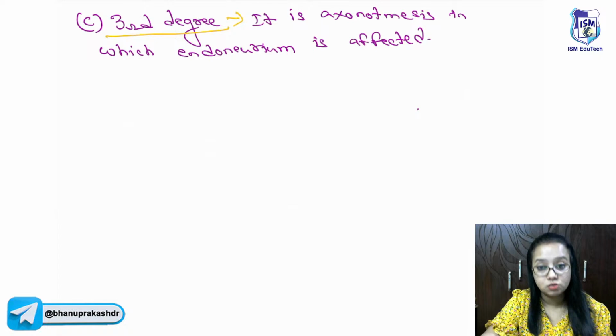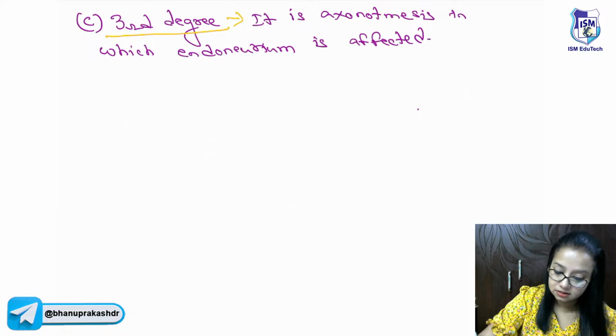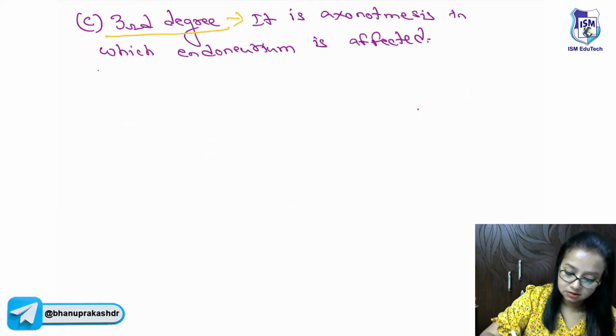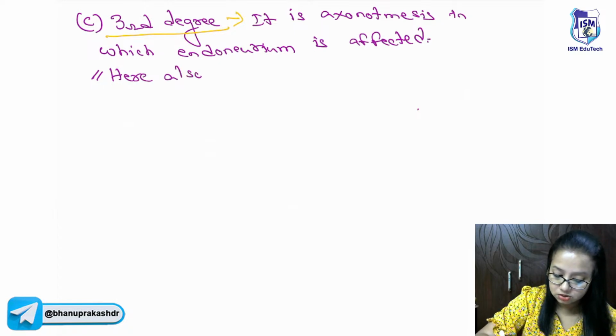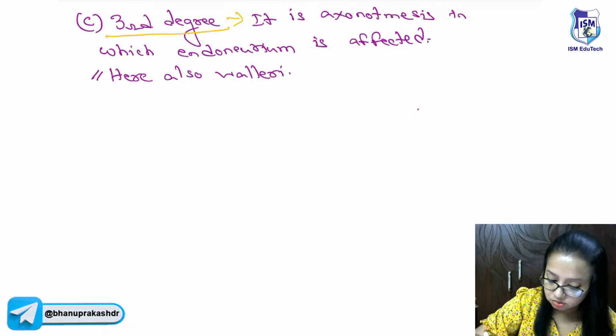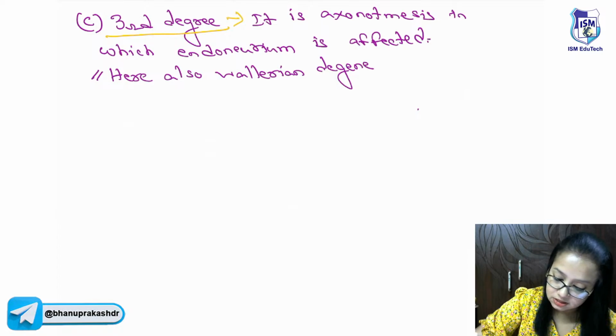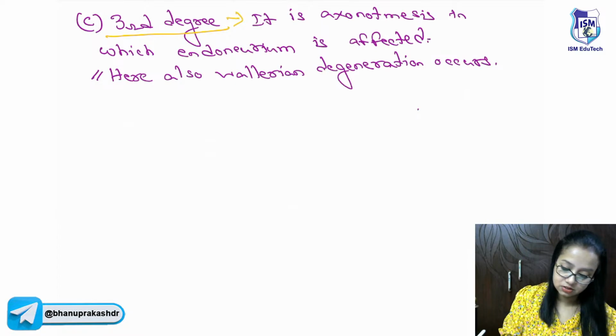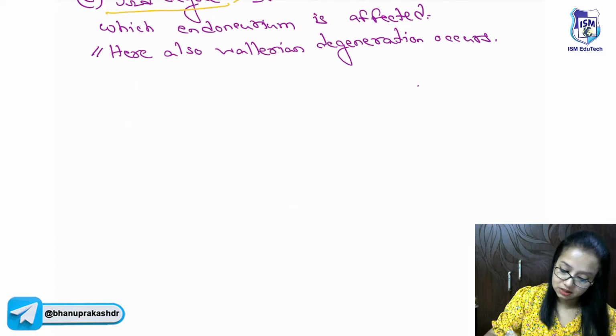It is the axonotmasis in which the endoneurium is affected. And here also Wallerian degeneration occurs.